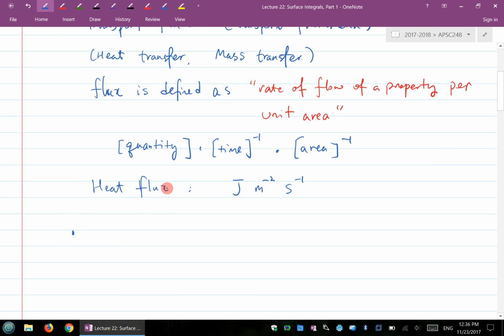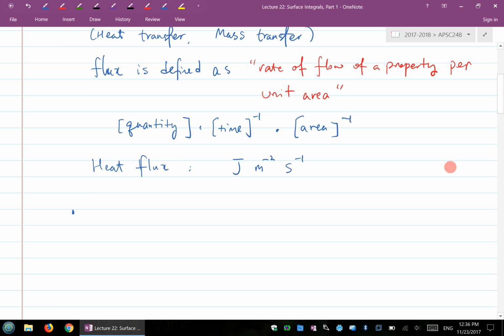Now, in this course, we're going to talk about flux, and we're going to calculate the flux of a certain quantity, the rate of this quantity through a certain area. What we do is describe all the calculation of flux using the so-called surface integral, the topic of today.